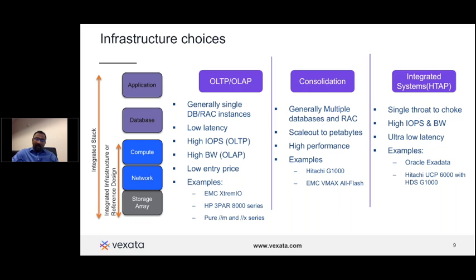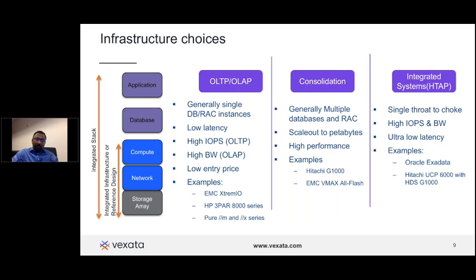And then, of course, there are the integrated systems, such as the ones from Oracle. The Oracle Exadata is the highest performing one of its kind, which is very suitable for HTAP applications. You have high IOPS and bandwidth and ultra low latency as well.